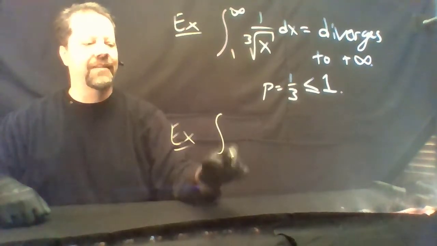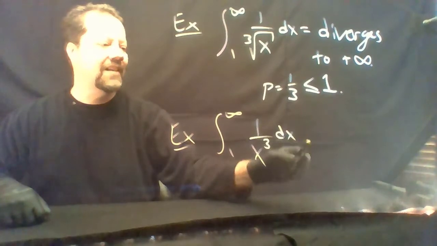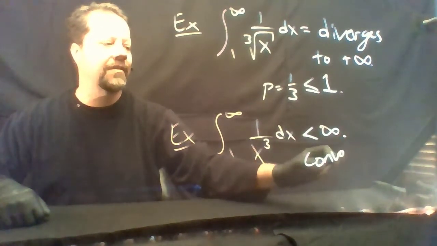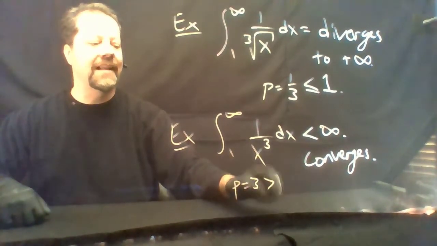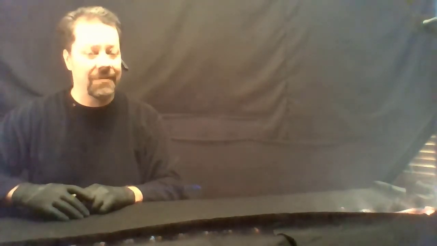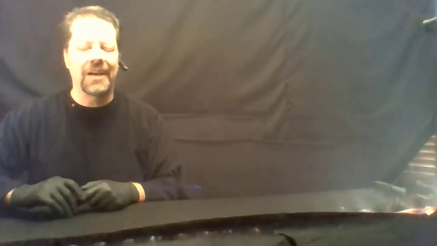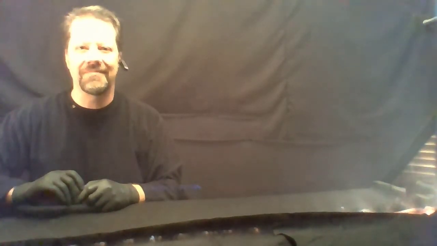But if I'm integrating from 1 to infinity, 1 over x cubed, I know that this will be less than infinity. It will converge because p is equal to 3, and that's strictly greater than 1. You'll need to know these facts about integrals from 1 to infinity of 1 over x to the p, which converge, which diverge, later on in the course when we talk about convergence or divergence of power series.